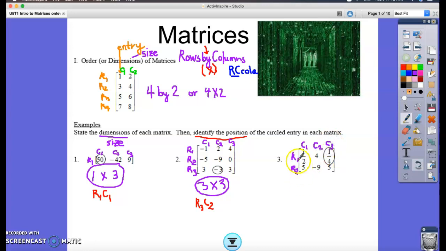This is a 2 rows by 3 column matrix. It is a 2 by 3. I don't really need to circle it, I just was before. Now, 1/4 is where row 1 and column 3 meet.